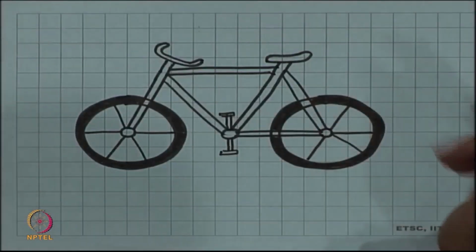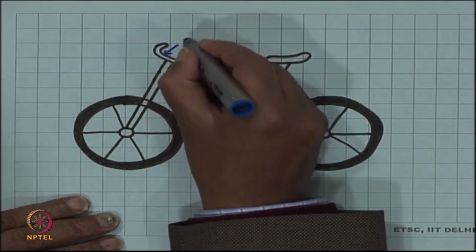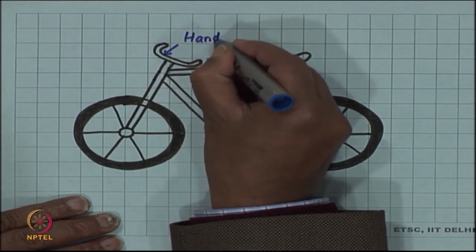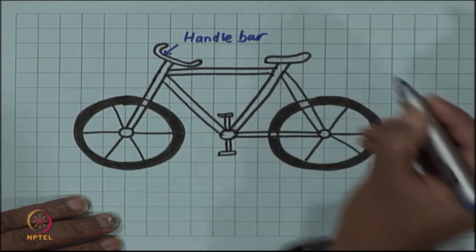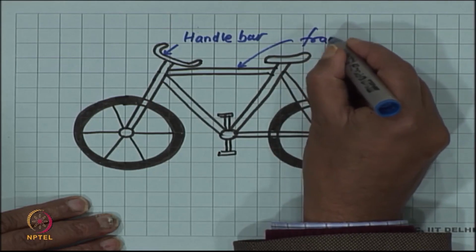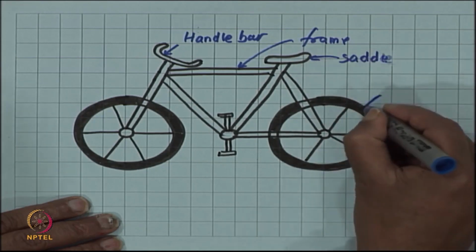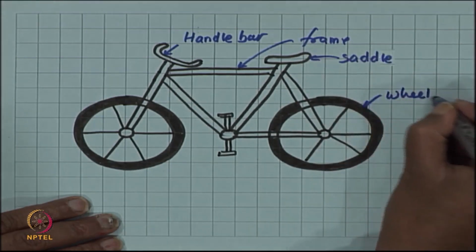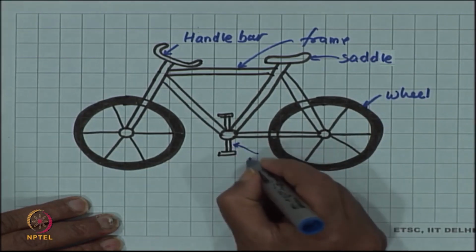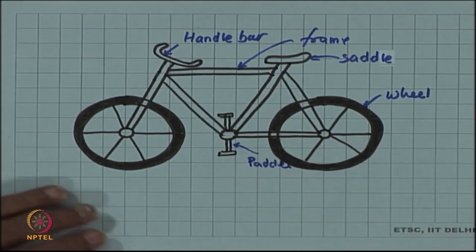Here is our bicycle, and this bicycle is an engineering structure made up of several components. There is this handlebar, we have this frame, saddle, wheel, paddle, and so on.